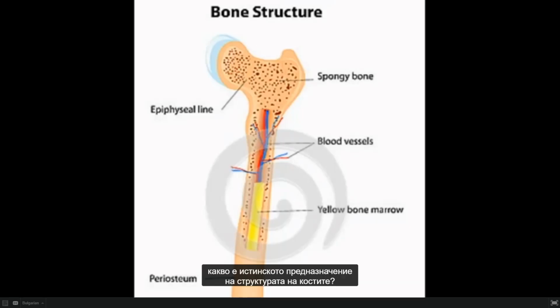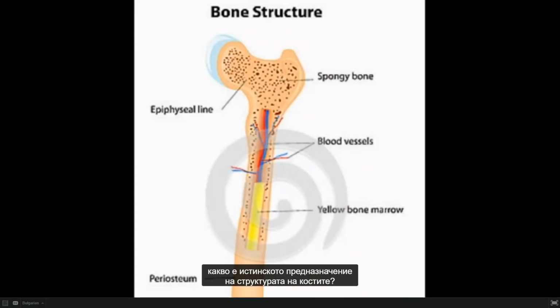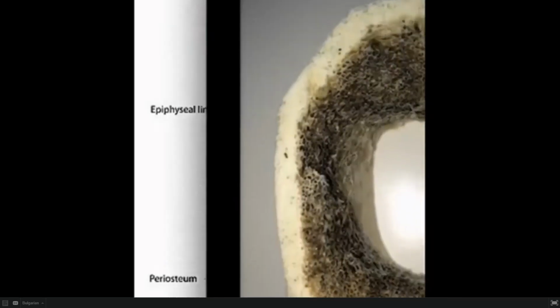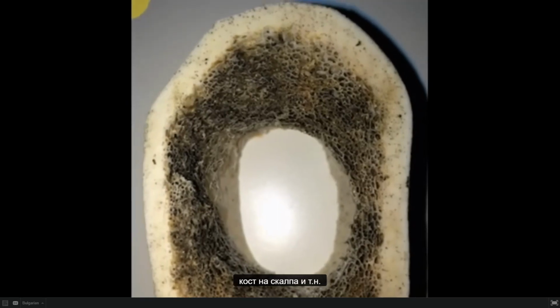What is the real reason for the structure of the bone? You can call it different things. You can call it a bone marrow, you can call it the spongy part, you can call it a rib bone, a hip bone, the bone of the skull, and everything else.